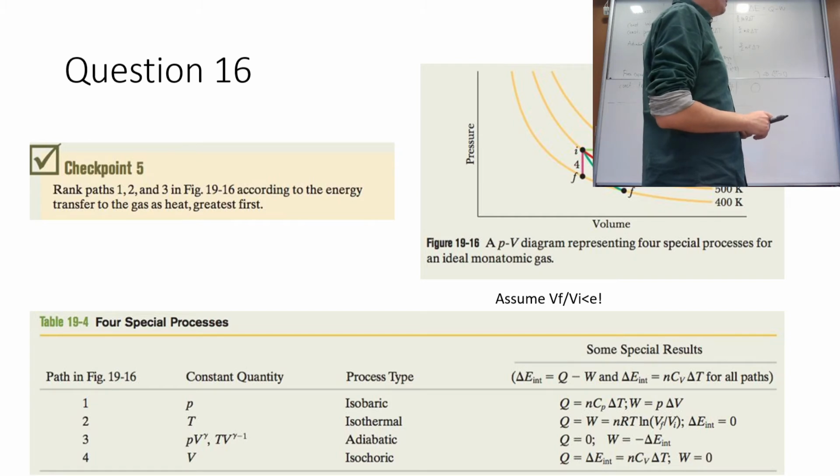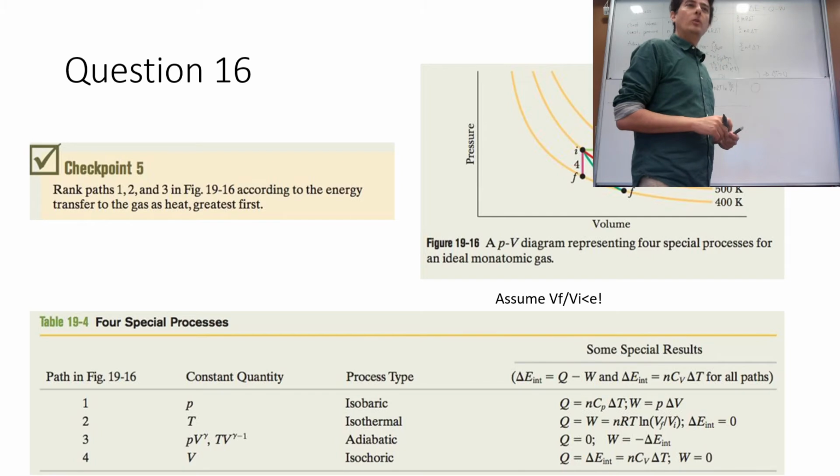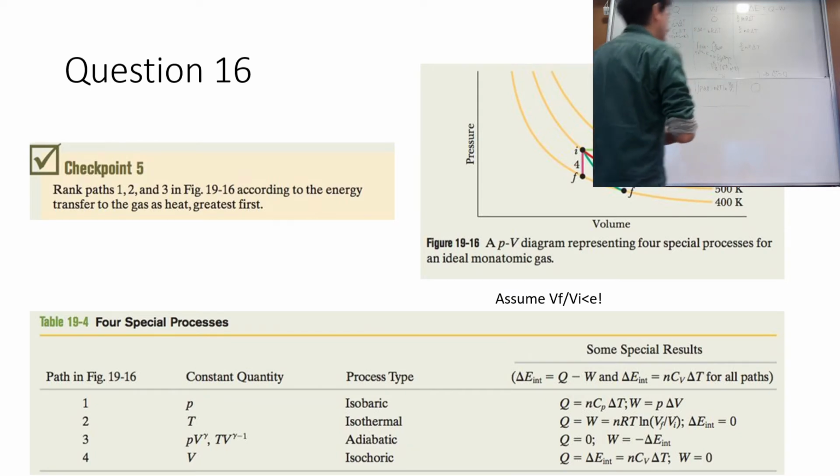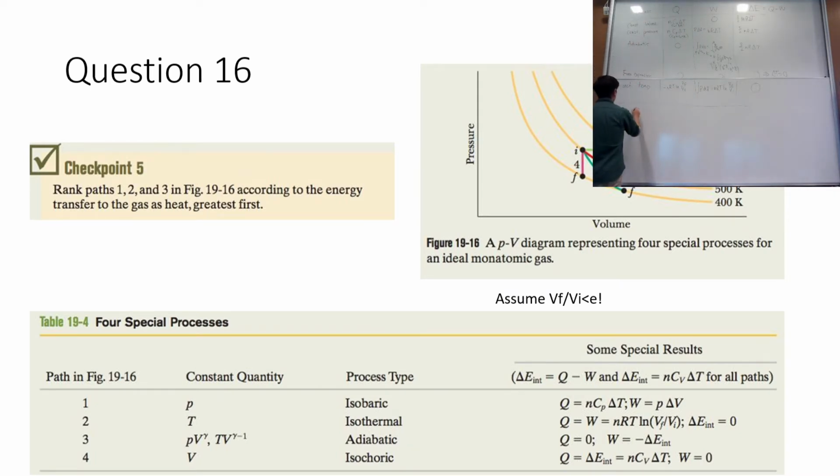So for path 1, what kind of process is this one? Yes, constant pressure. So for path 1, for constant pressure, we can just look up our table here.